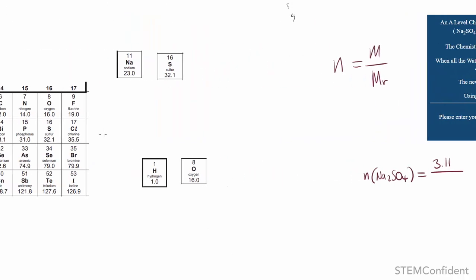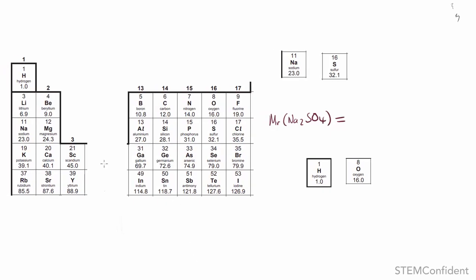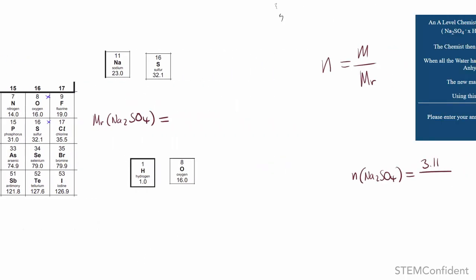So what's the Mr of Na₂SO₄? Well, if you look at the periodic table, the relevant elements are sodium, oxygen, and sulfur, and for convenience I do have the elements here as well.